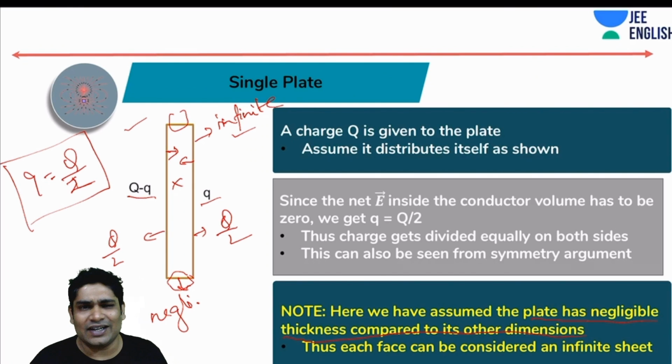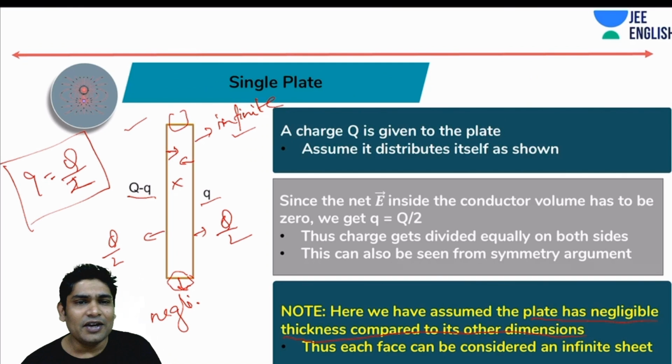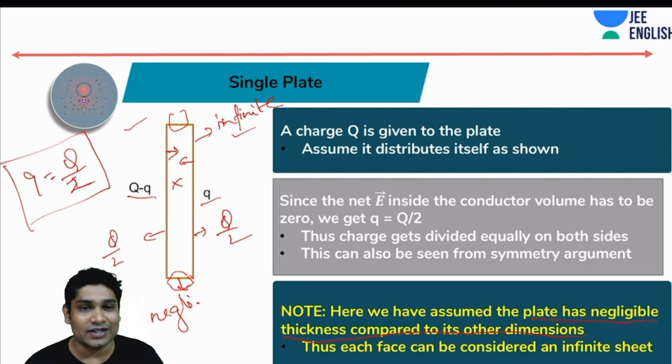If charges, let's say Q1, come on one side and Q2 on the other side, there is no reason why one of these sides should have a greater charge, because everything is identical for these two sides. So by symmetry, I can say that the charges on both these sides should be equal. That would have helped me come to this conclusion directly also, that both the sides will get Q by 2 charge.